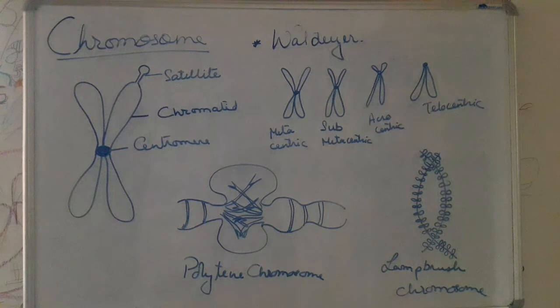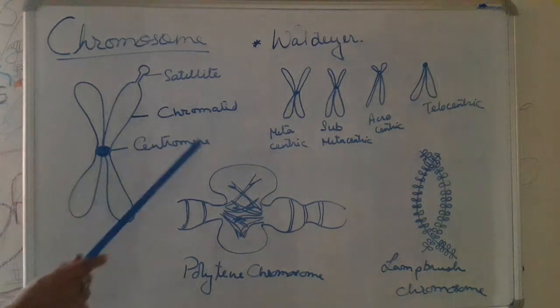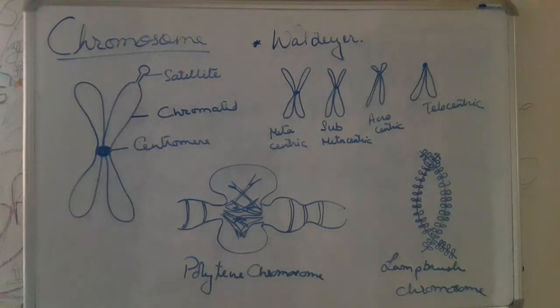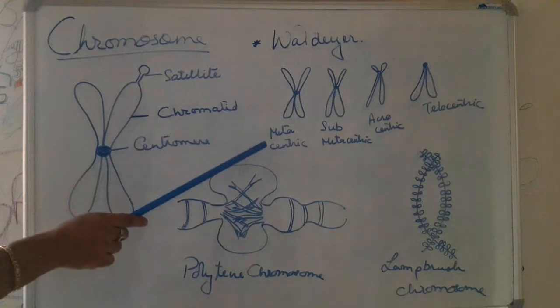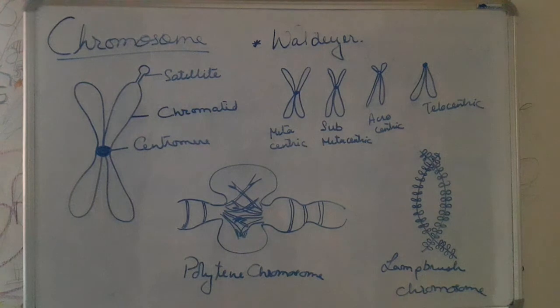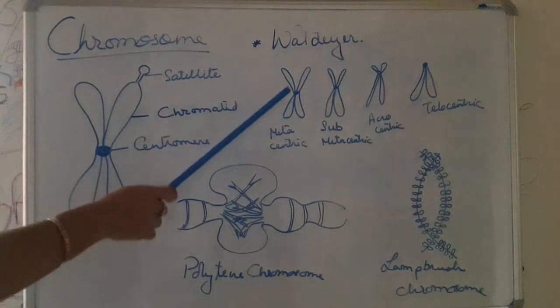Now, based on the position of centromere, the chromosomes can be divided into four types. If the centromere is present at the center, then we call it metacentric. That means on both sides of the centromere, the arms are equal.